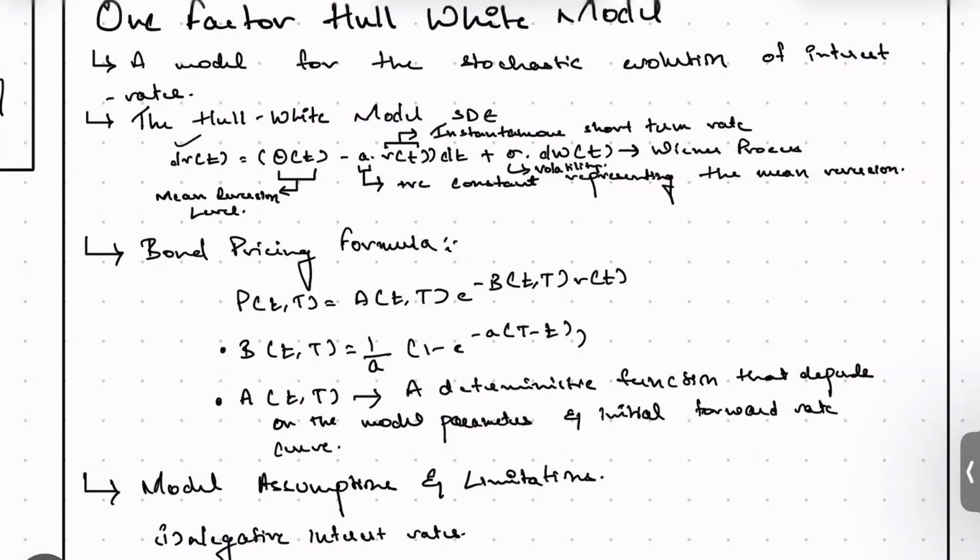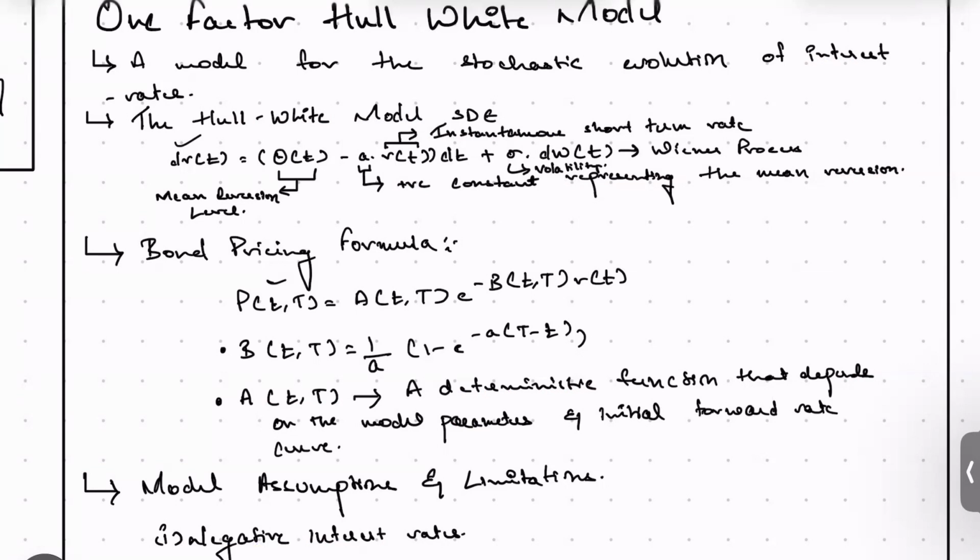A significant advantage of the Hull-White model is its analytical tractability. Despite its time-dependent drift, it retains many of the convenient properties of the simple basic model. The price at time t of a zero-coupon bond maturing at time T, denoted by P(t,T), is equal to A(t,T) times e to the power of minus B(t,T) times r(t), where B(t,T) is equal to 1/a times (1 minus e to the power of minus a times (T minus t)).